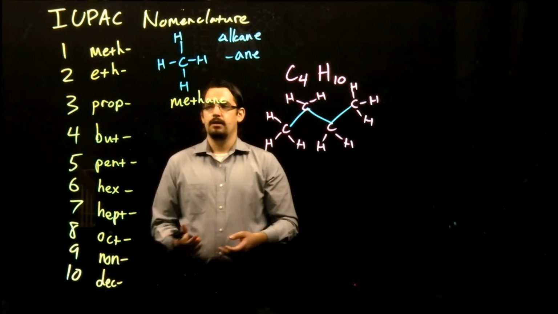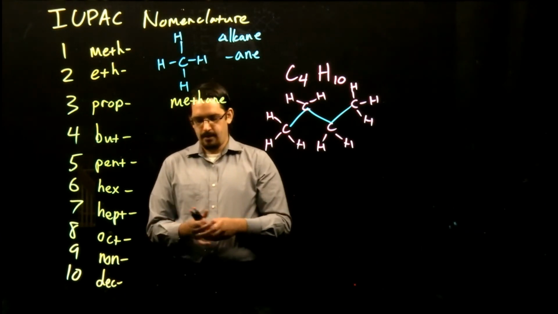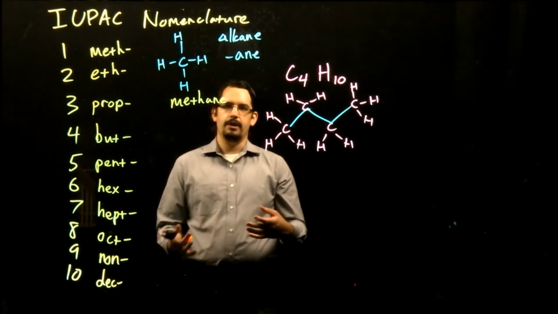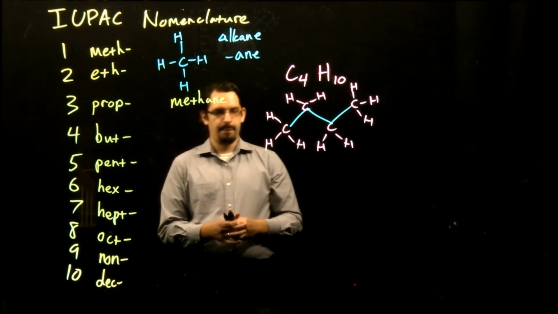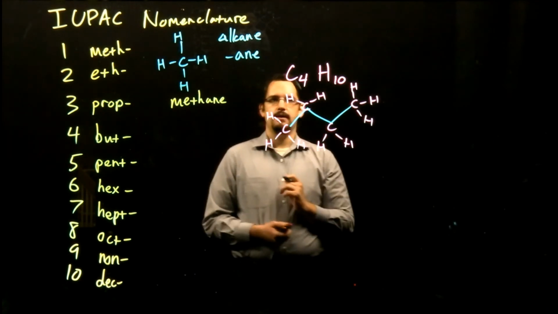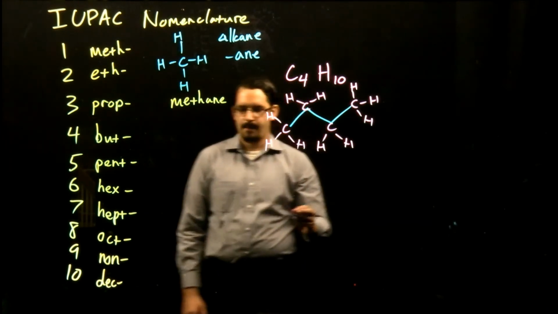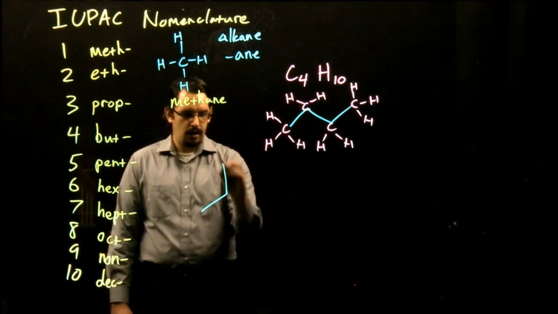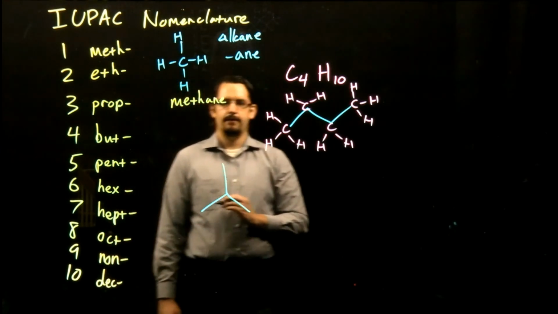Now, knowing the number of carbons is very important, but it doesn't tell us everything we need to know about a compound. So let's say, for example, we take C4H10, and we instead draw our 4 carbons out like this.